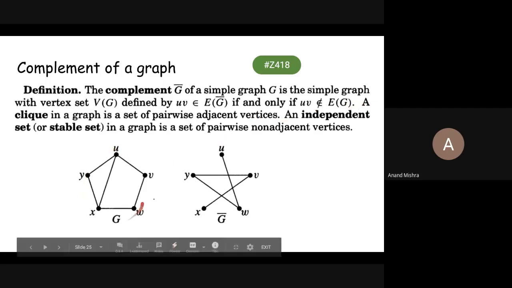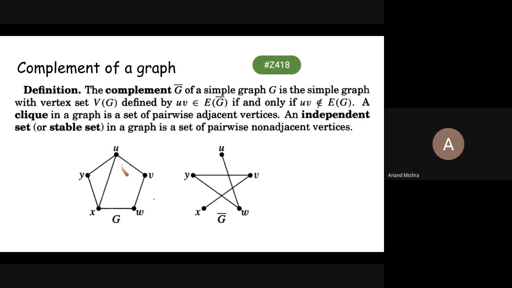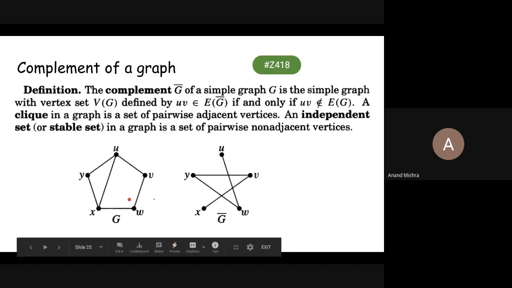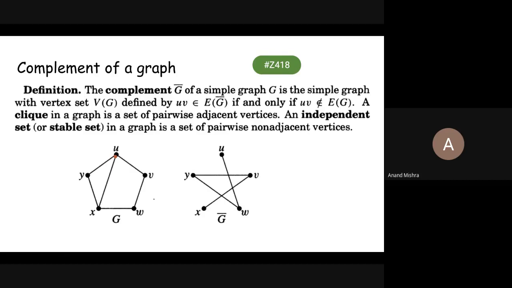If you have a graph given, you remove all the edges which are there and add all the edges which are not there.